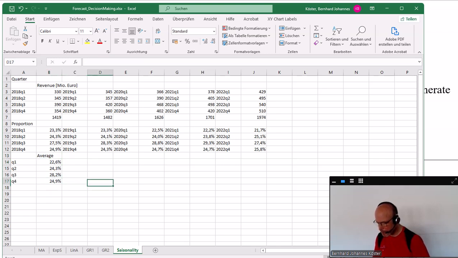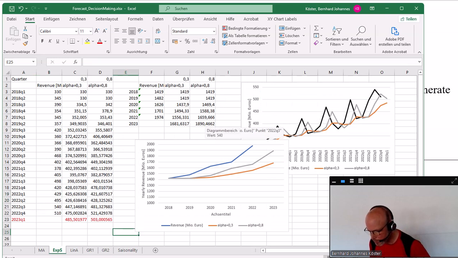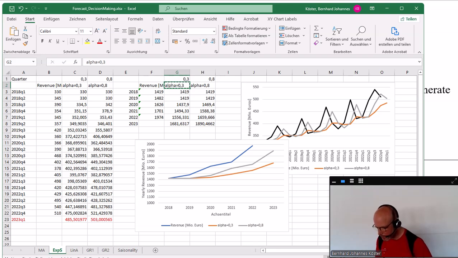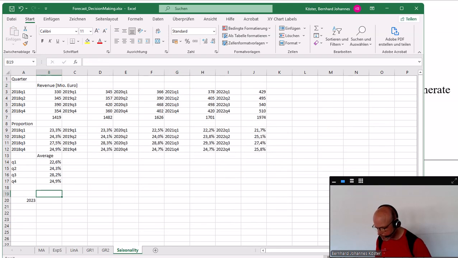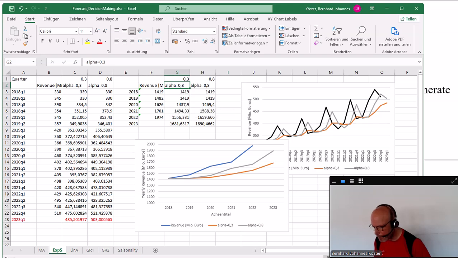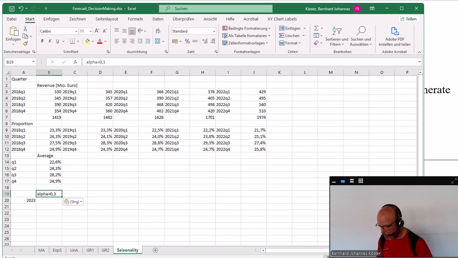And now let's, for 23, we had exponential smoothing with alpha 0.3 and 0.8.